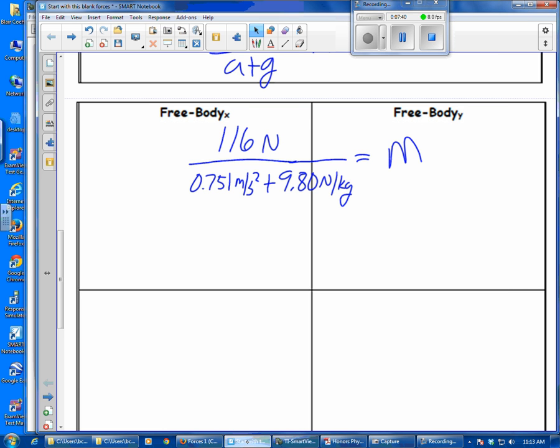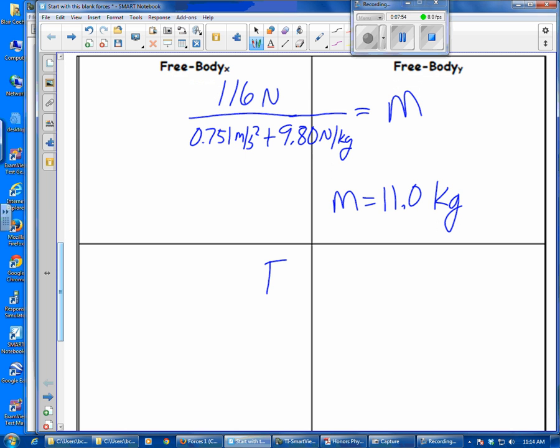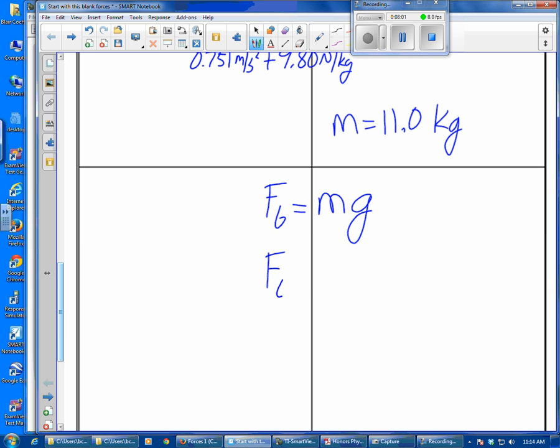So my answer for m is 11.0 kilograms. But then they also asked me what's the weight. And I know from my equation sheet that the weight is the mass times g. So F sub g is my, and here I should use my 10.9942 kilograms.